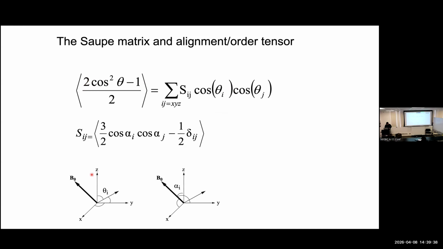So now what we're going to do is, here's the magnetic field. And here, what we're showing is the molecular frame of my molecule. So you are now sitting on your molecule. This XYZ coordinate shows my molecule, its molecular frame.